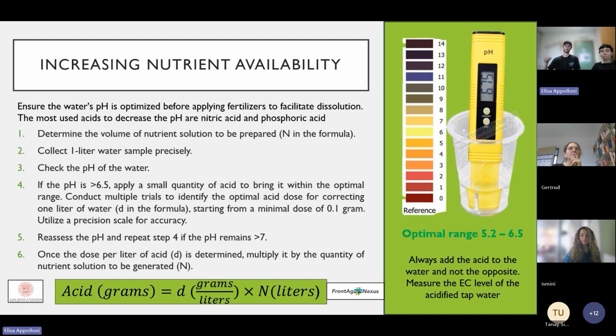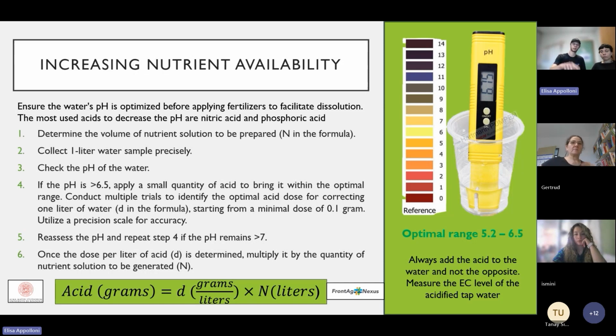And we see, applying a little amount of acid, how much the pH will decrease. We repeat the operation if the pH is not low enough, and we continue to repeat it until we reach 5.5.